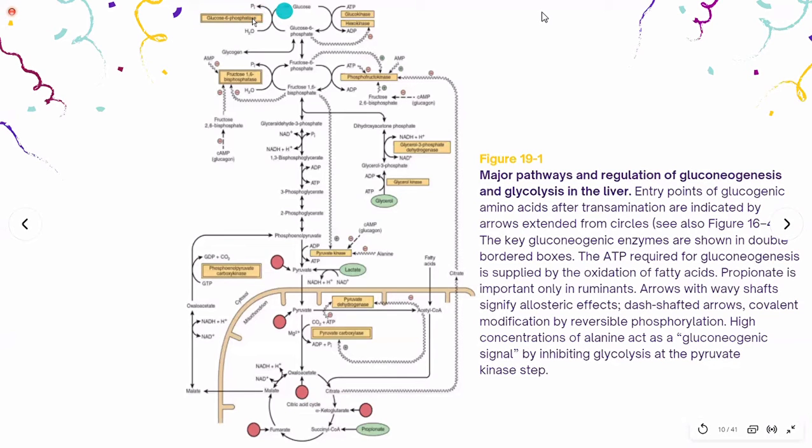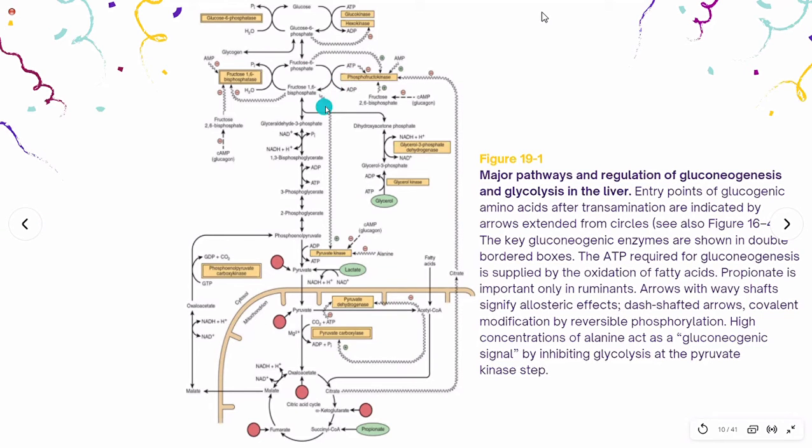Starting from glucose, this is phosphorylated either by glucokinase or hexokinase and becomes glucose 6-phosphate. This is found in your book. Okay? That is the irreversible first reaction. The second irreversible step is phosphofructokinase.